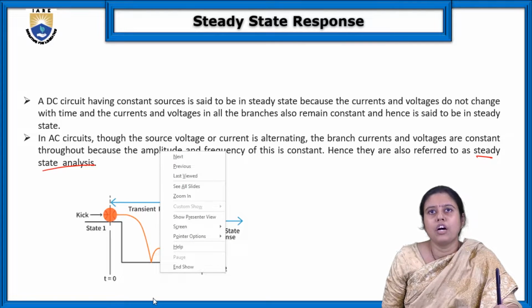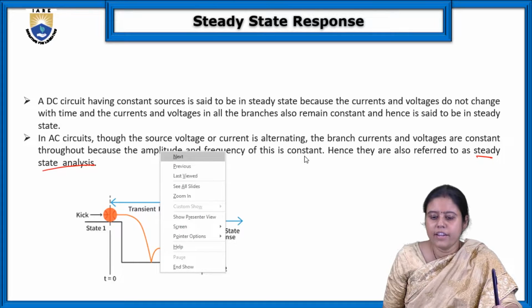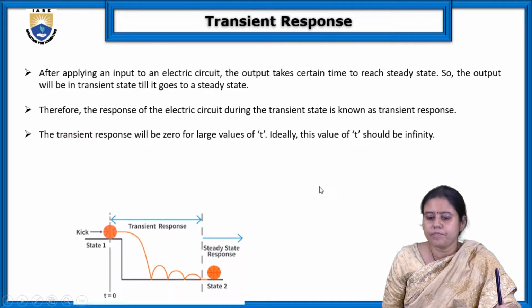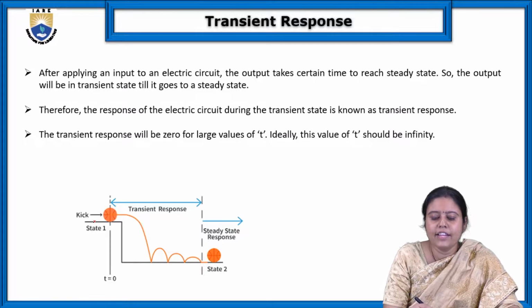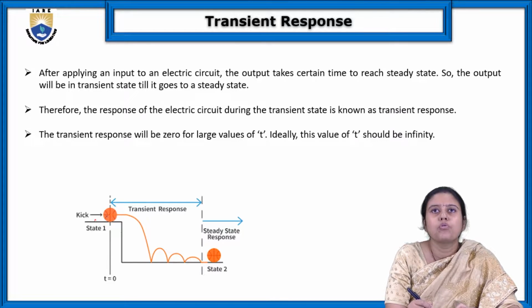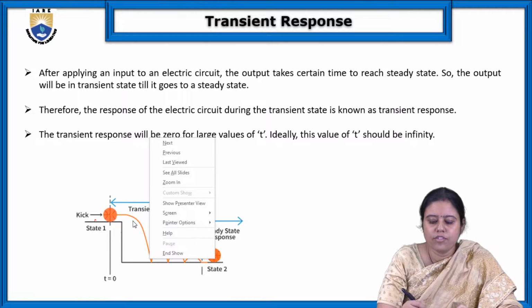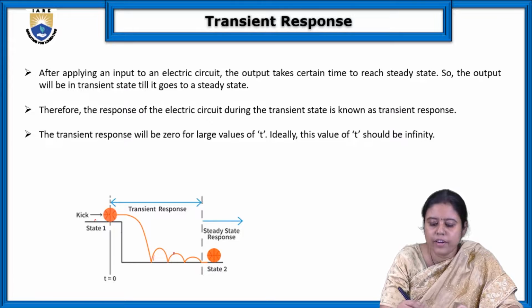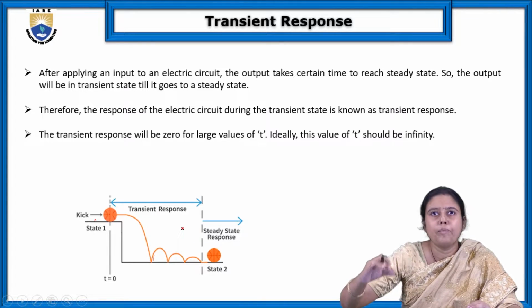Next we are moving to the next one. The next one is the transient response. After applying the input, in our example, we kick the ball. After applying the input to an electric circuit, the output takes a certain time to reach steady state again. In between, you can see the energy is decreasing and dropping.